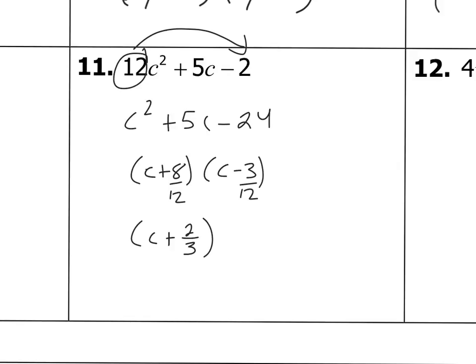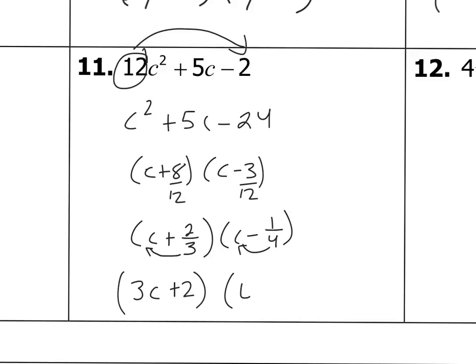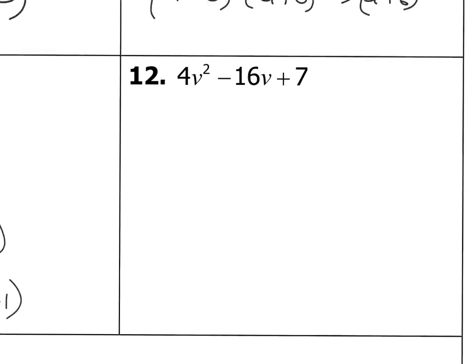And your next one would be c minus 1/4. Then we slide the denominators, so that leaves you with 3c plus 2 and 4c minus 1. Check your work. Distribute. Make sure you didn't do anything incorrect.